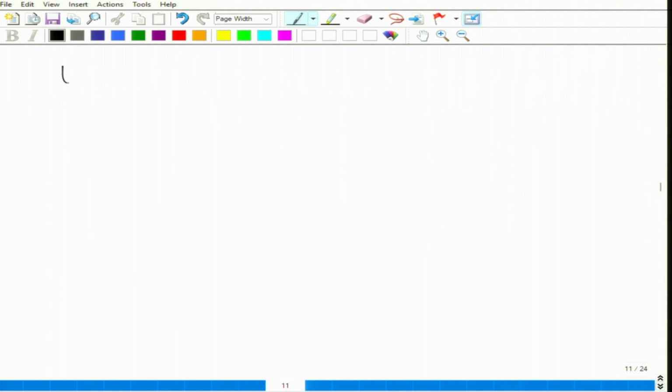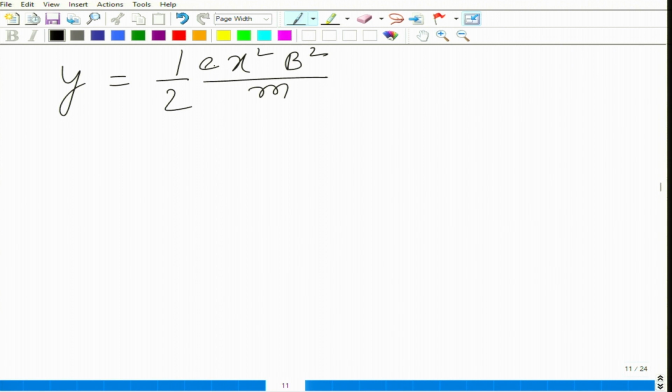That leaves the value of y as half of x square B square by m. Sorry, there is one e. So we get this ratio e by m.